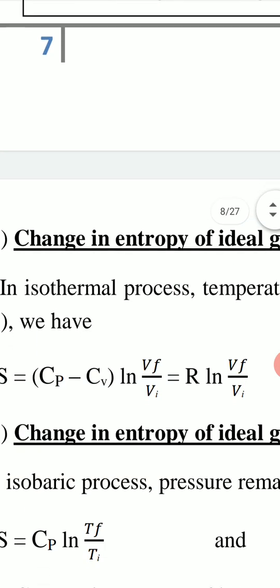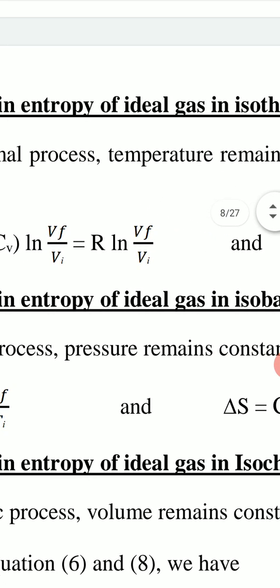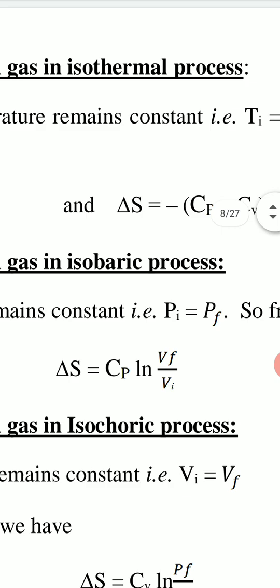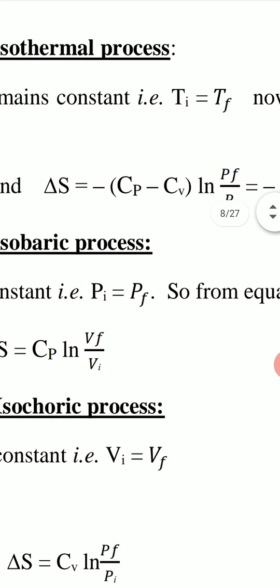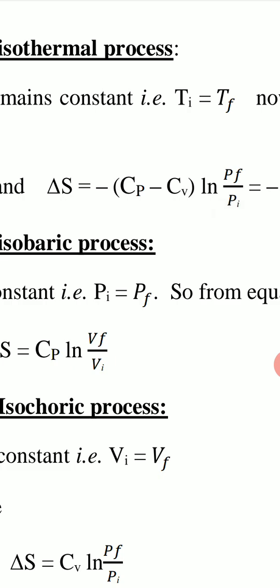Now we can also find the change in entropy of ideal gas in isothermal process. For isothermal process, temperature remains constant, so Ti equal to Tf. So in the expression for delta S, if we have terms like log Tf upon Ti, that will become equal to log 1 and that will be equal to 0.